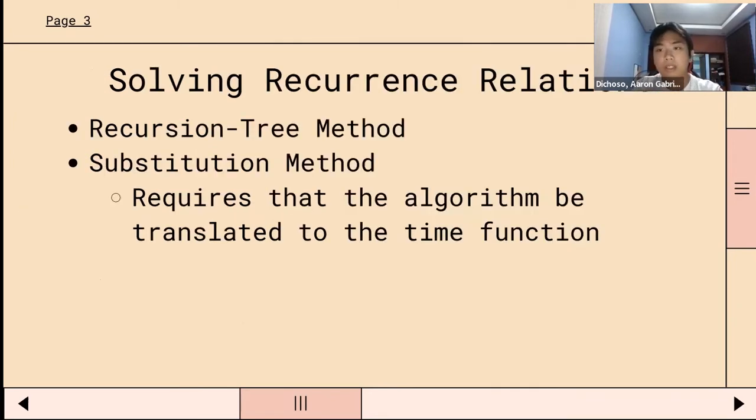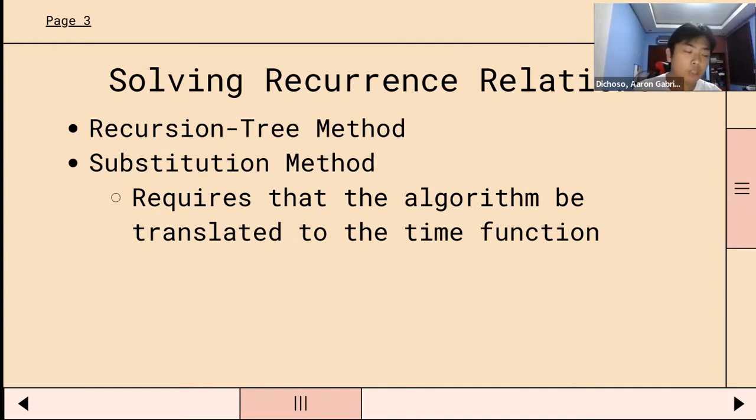So we have two main methods of doing this. First is the recursion tree, and second is the substitution method. For the substitution method, first we need to translate the algorithm into a time function, but both of these methods will give us the closed form of a time function.